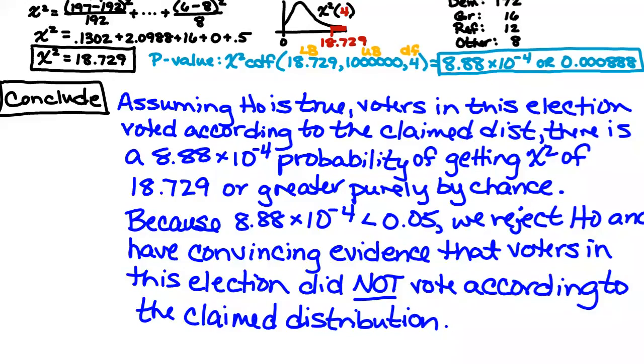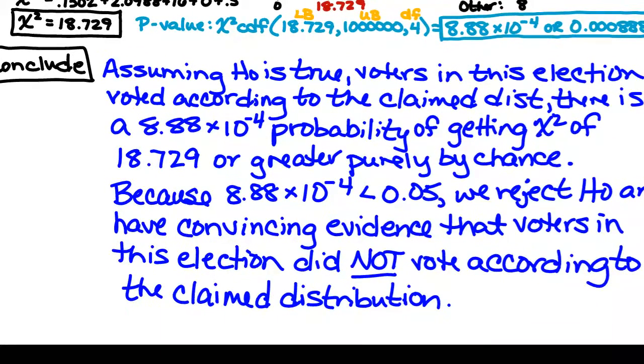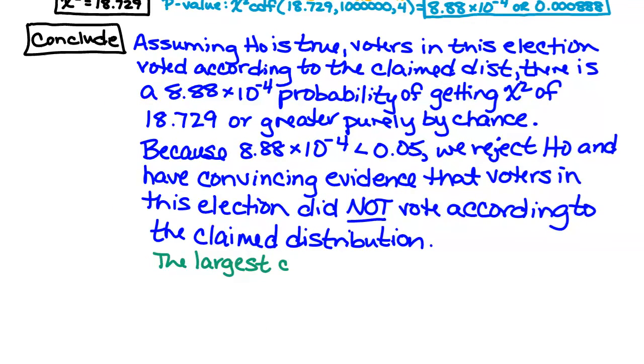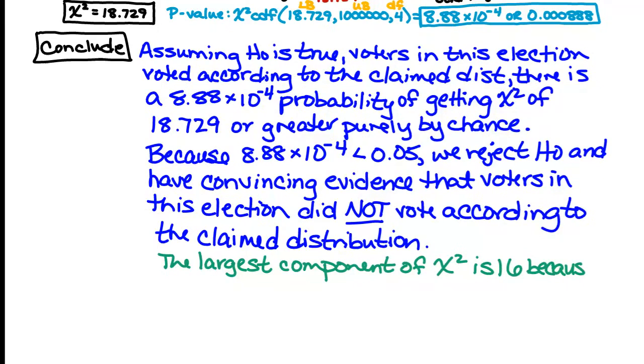And then my follow-up analysis here. The largest component of chi-square is what? 16. The largest component of chi-square is 16 because now we got to figure out where that 16 came from.